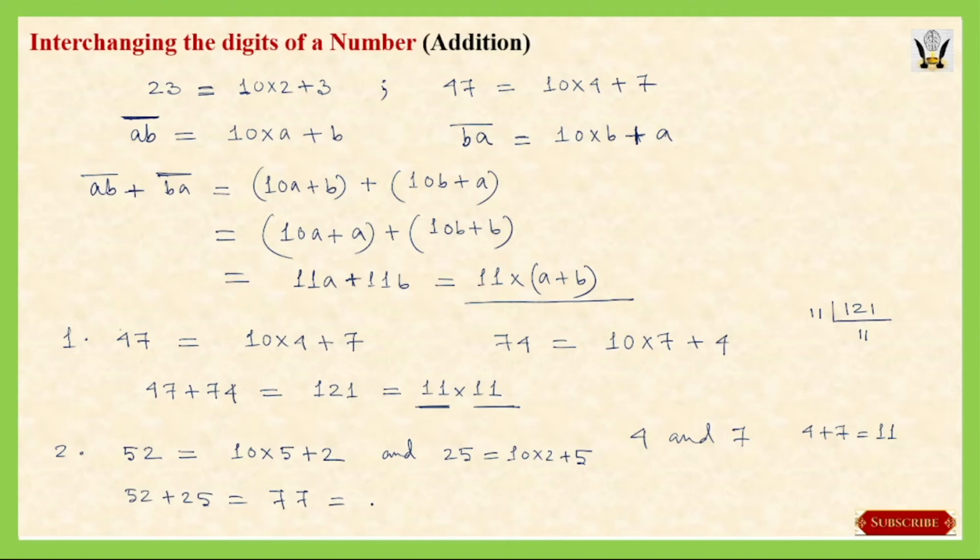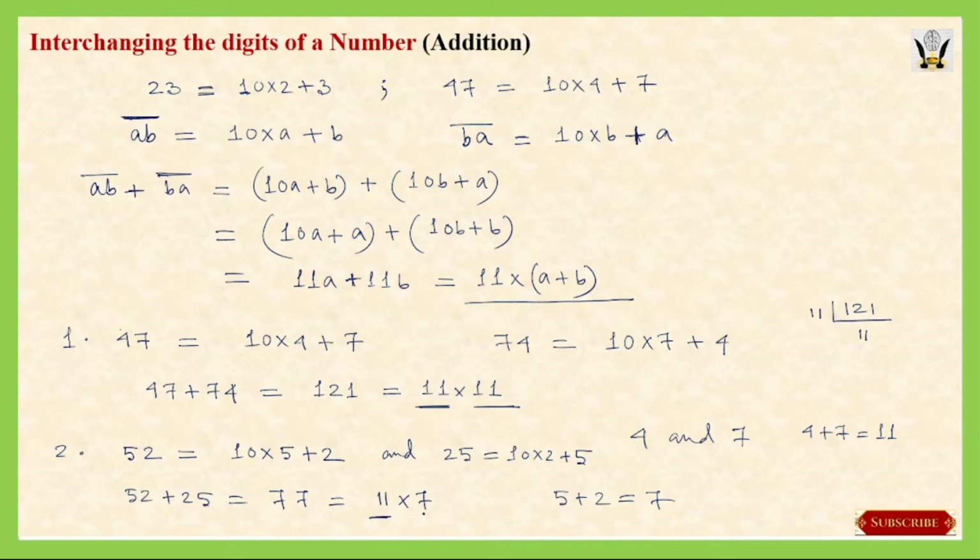And if we factorize 77, then it will have two factors apart from 1 and 77, which are the two basic factors that any number has. The other two factors will be 7 and 11. So 7 multiplied by 11, or we can write 11 multiplied by 7. So here again we have got one of the factors 11 and the other factor 7. And what is 7? 5 plus 2 gives us 7. So here also this property is satisfied, that one of the factors is 11, the other factor is the summation of both the digits.